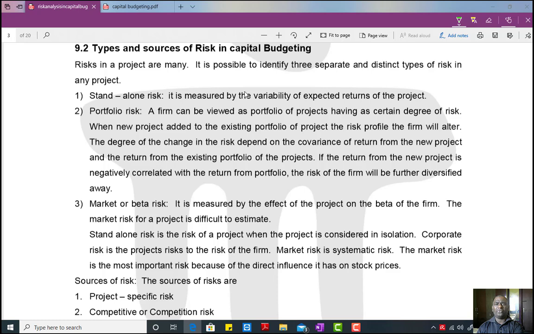If you are investing in three assets, in one asset you may get a good return and in the other two you may get a lower return. If you do not estimate all these three correctly, if you are doing two or three projects, that is called portfolio risk. Now, what is market risk or beta risk?